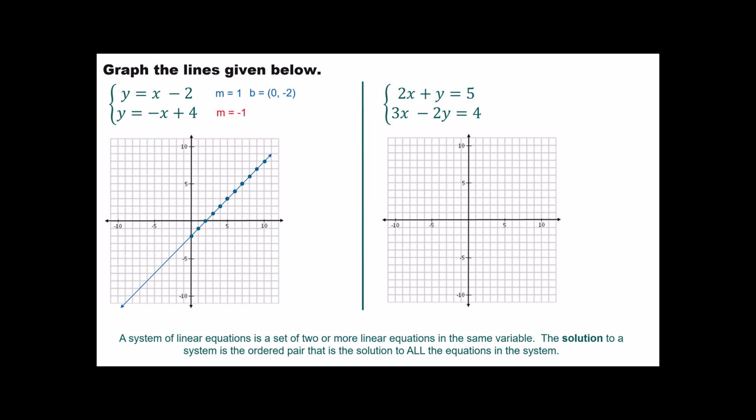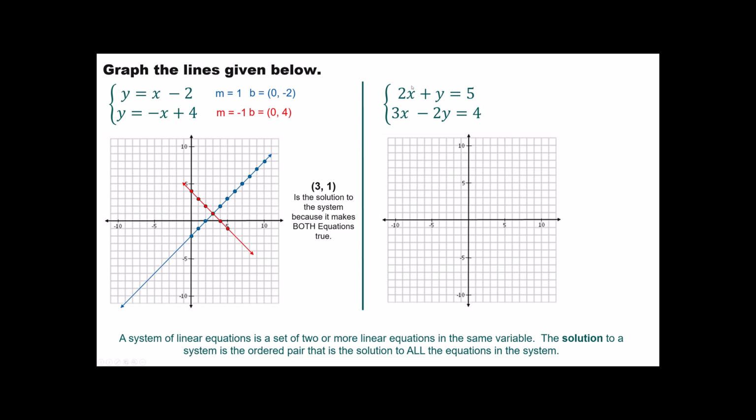The second equation, I have a slope, I have a y-intercept, so I can graph it. The solution to the system is (3, 1), because (3, 1) is the only point that works in both. Certainly you could check that on your own. We're not going to take time to do that today.